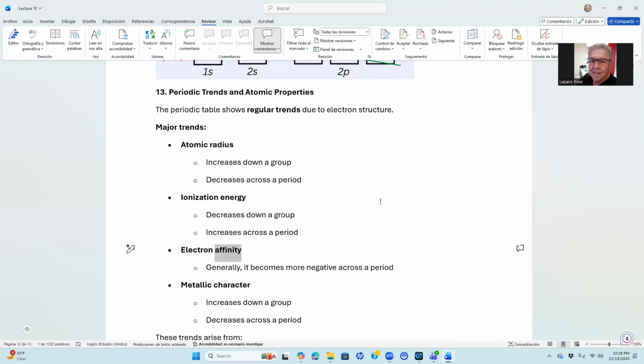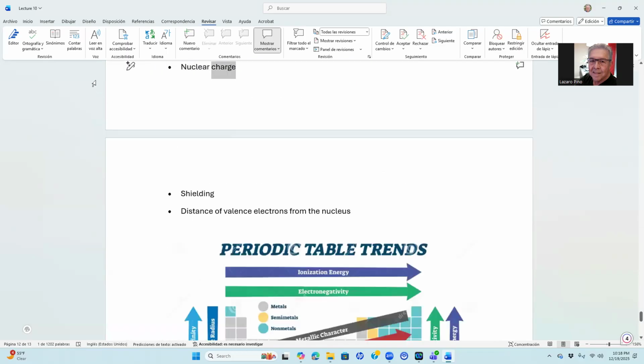Electron affinity generally becomes more negative across a period. Metallic character increases down a group and decreases across a period. These trends arise from nuclear charge, shielding, and distance of valence electrons from the nucleus.